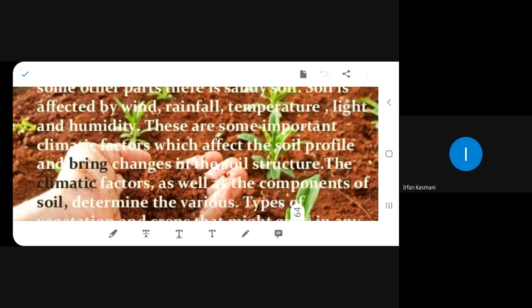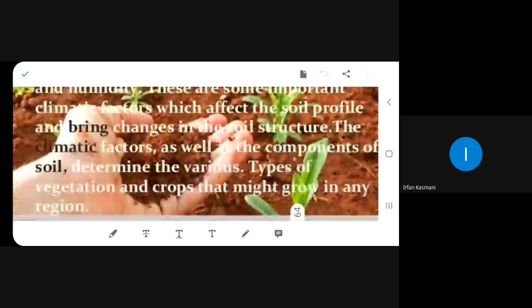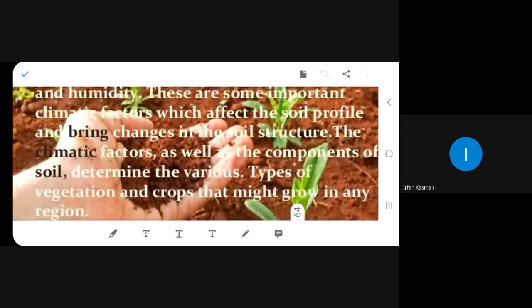The climatic factors as well as the components of soil determine the various types of vegetation and crops that might grow in any region.